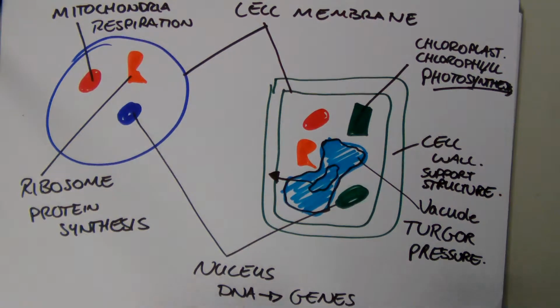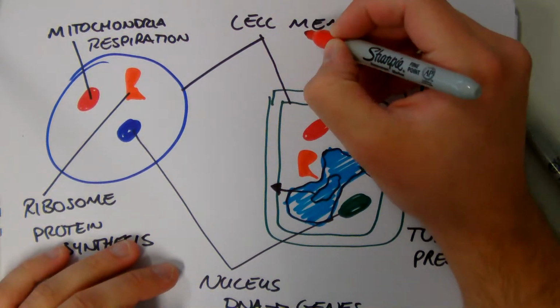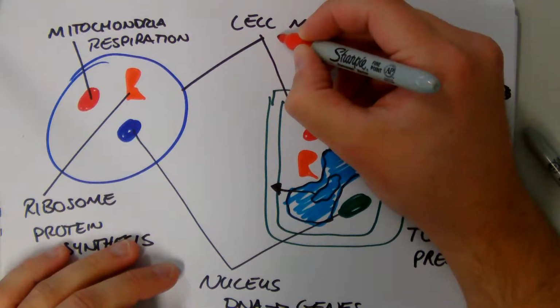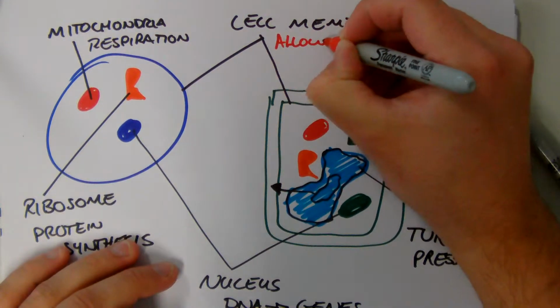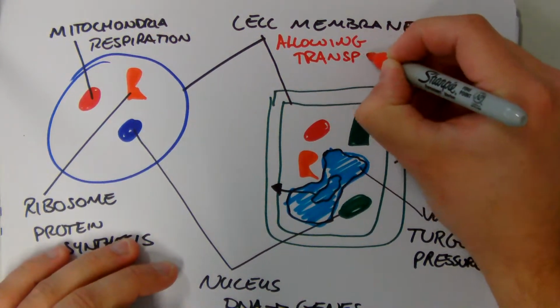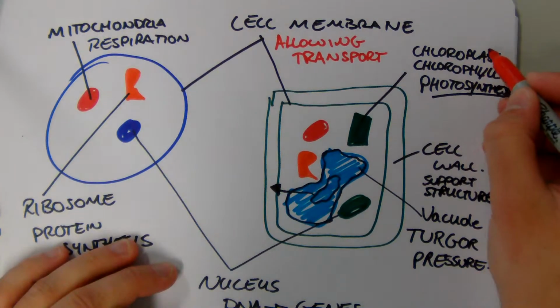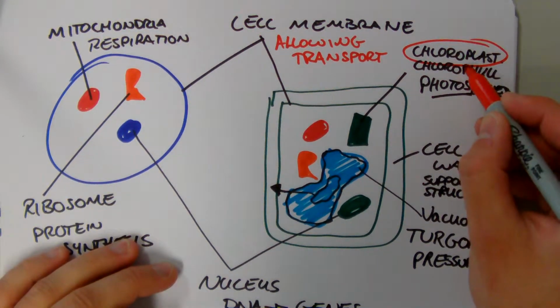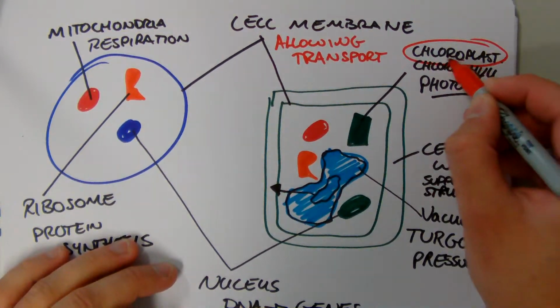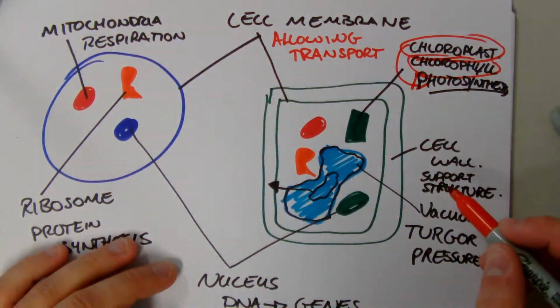Alright, so just a very quick recap about what everything does. My cell membrane is responsible for allowing transport of chemicals. Cells contain chloroplasts which contain chlorophyll, and the chloroplasts undergo photosynthesis.